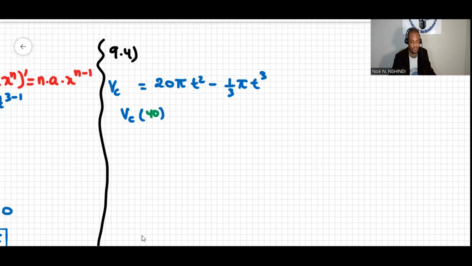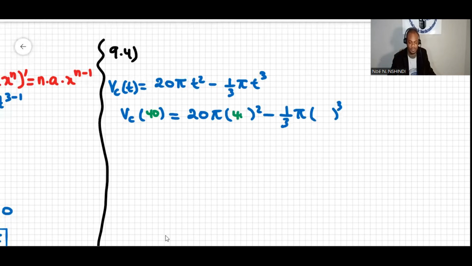That was the volume of the cone of t. So when t is equal to 40, in order to get the maximum volume, wherever we see t we sub 40.